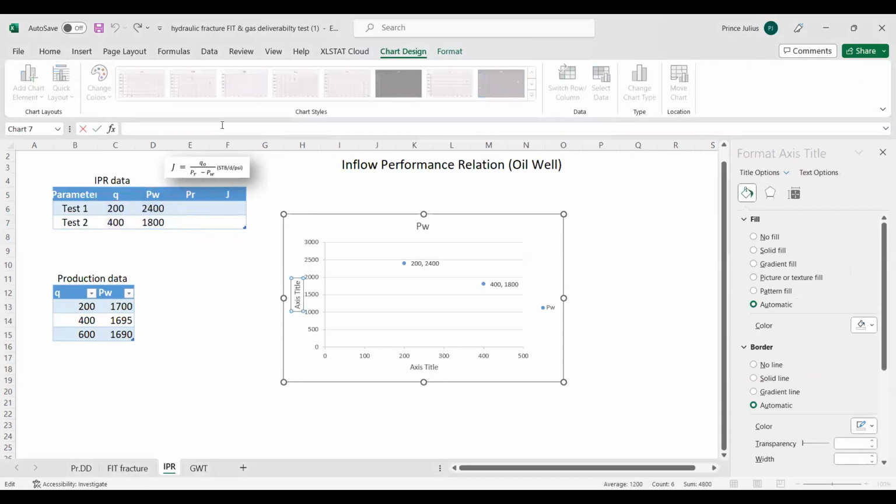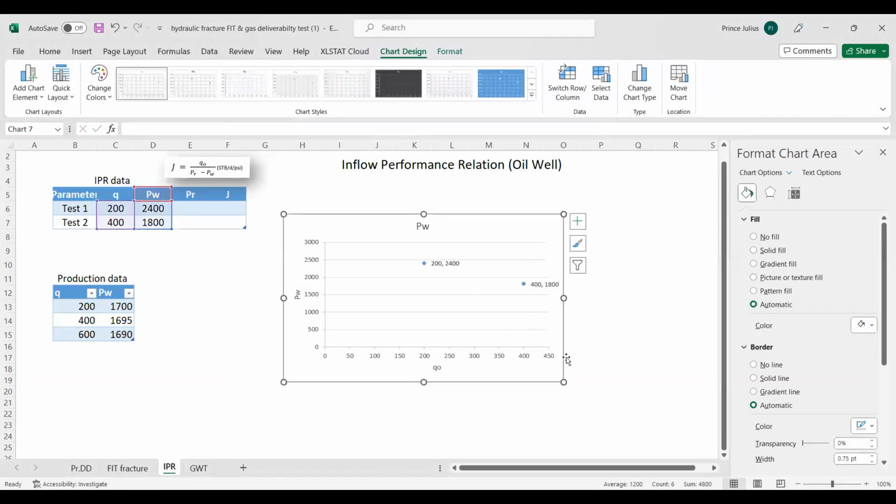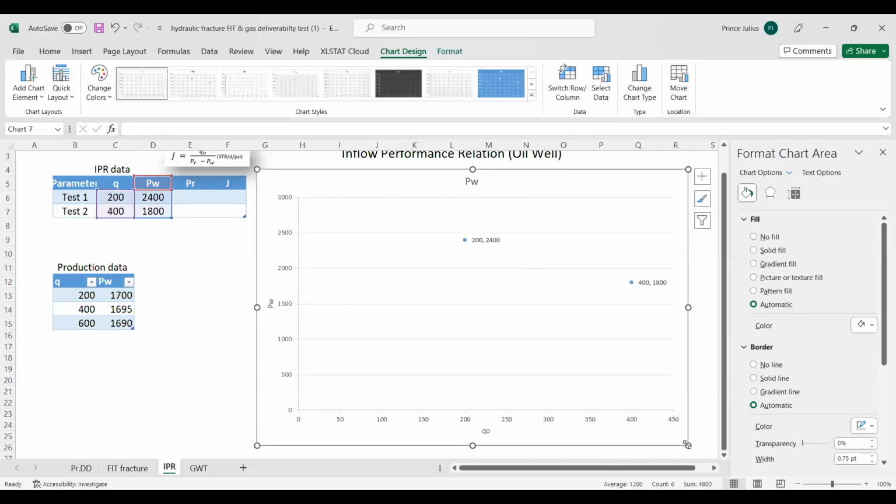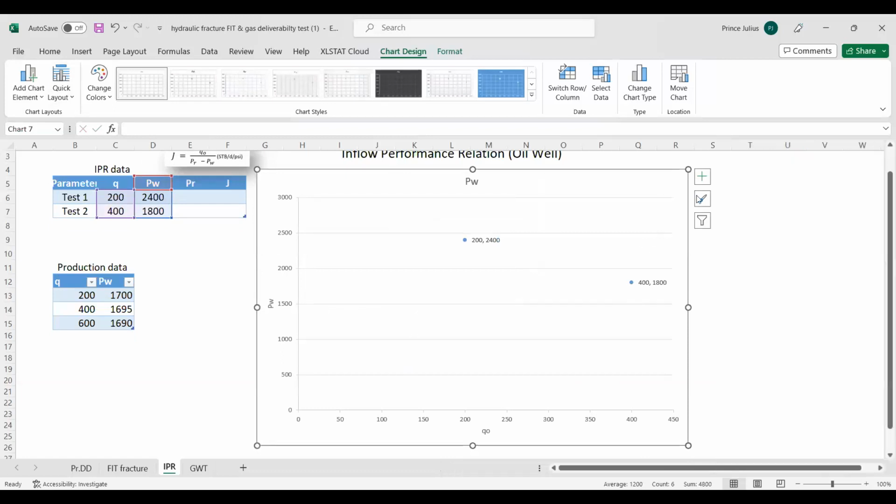The y-axis is PW and the x-axis is QO. We don't need this. I'm going to remove the grids, so it will be easier.